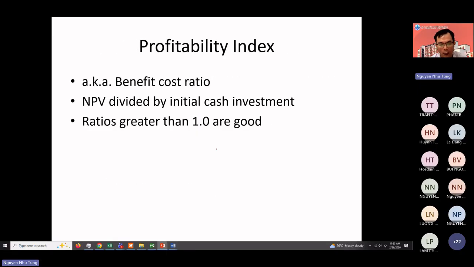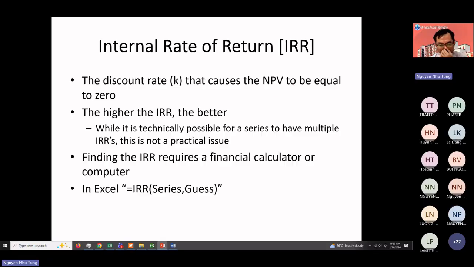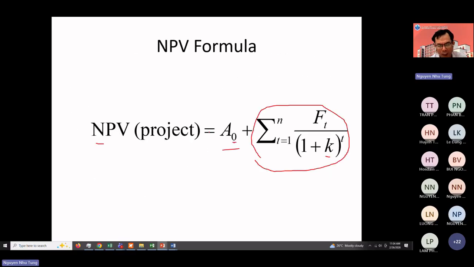All right. The third one is the internal rate of return. If you want to know what is the discount rate such that the NPV equals 0, in that case that is the IRR.